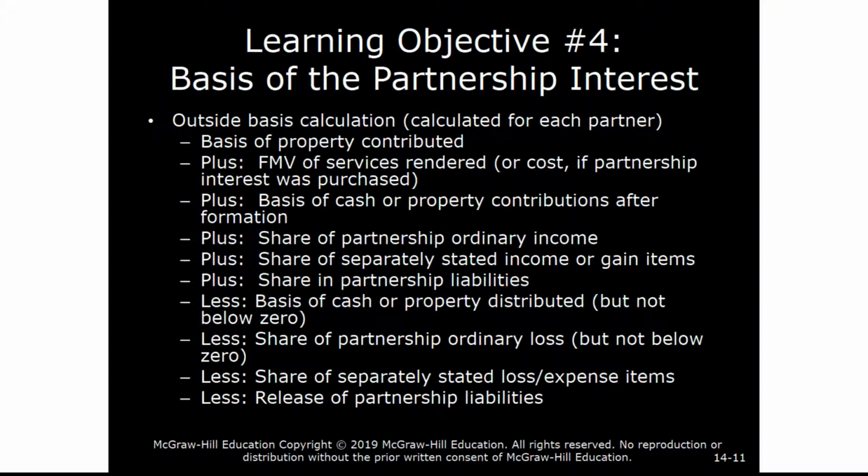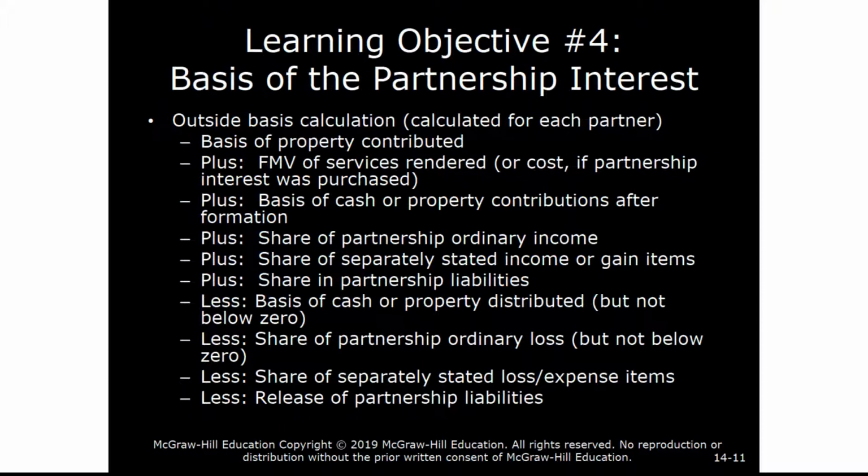Any share of the partnership liabilities that are assumed or where the partner would bear the risk of the liabilities is added to their basis. And then anything taken out of the partnership, cash or property, but not below zero, is a reduction of the basis of the partner, as well as a share of any losses.